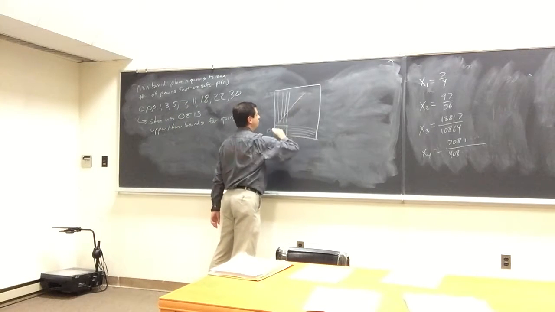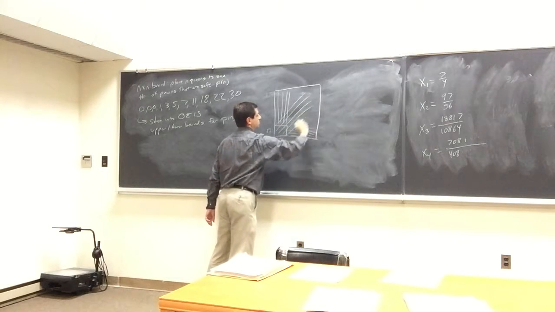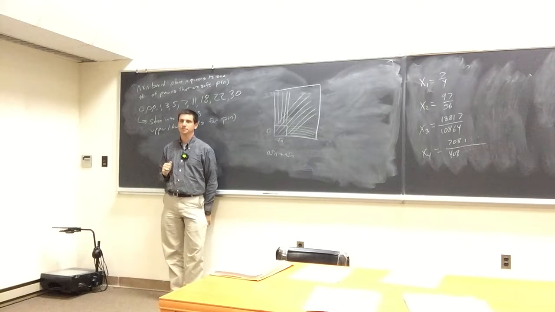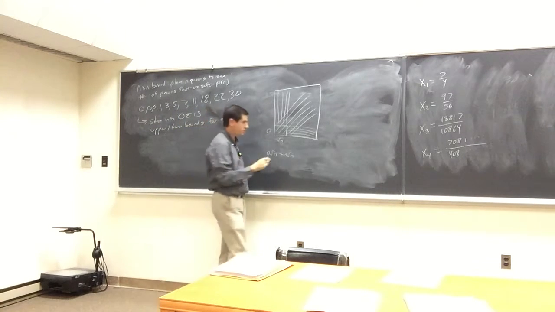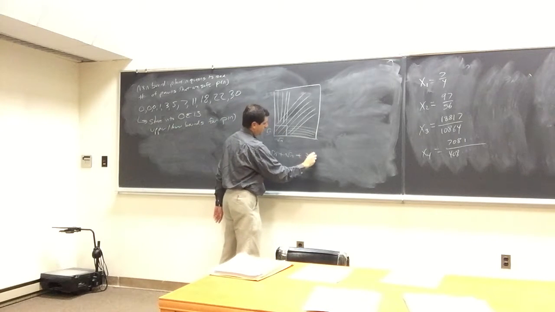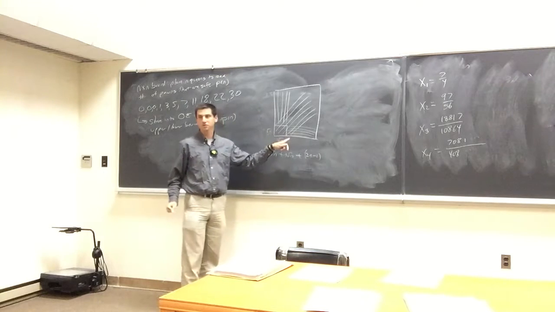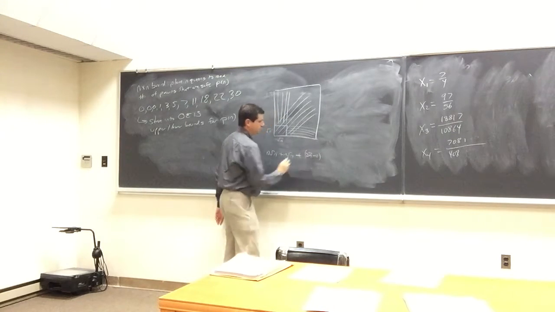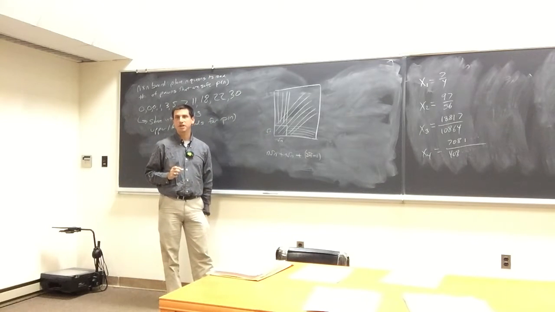And then I have to do these diagonals. What's that going to be? Worst case scenario, I have 2 root n minus 1 diagonals, and each diagonal is at most n.